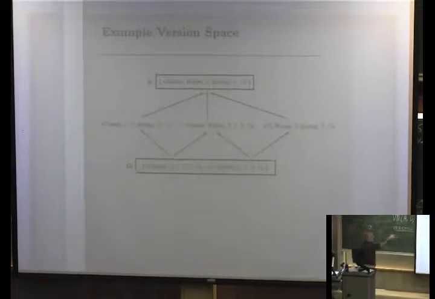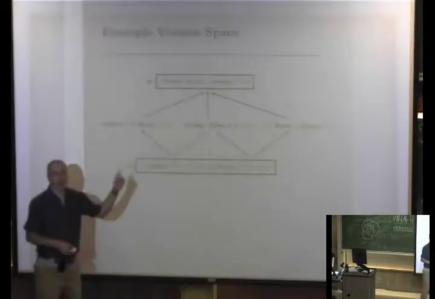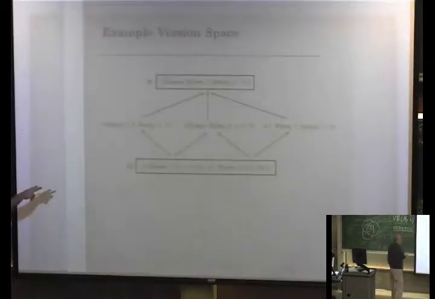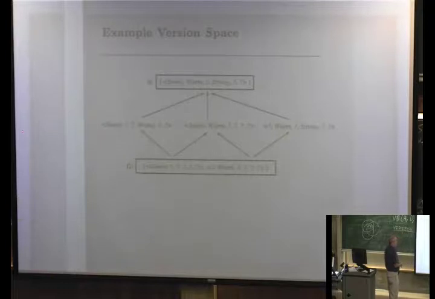Then there would be three supersets of it: 1, 2, 3. These three supersets don't completely include each other. That's why there are no arrows between them. And then there are two that include all of these, so there would be something like this and that.